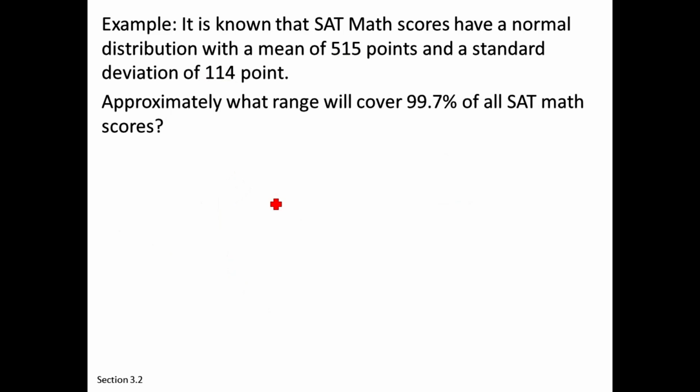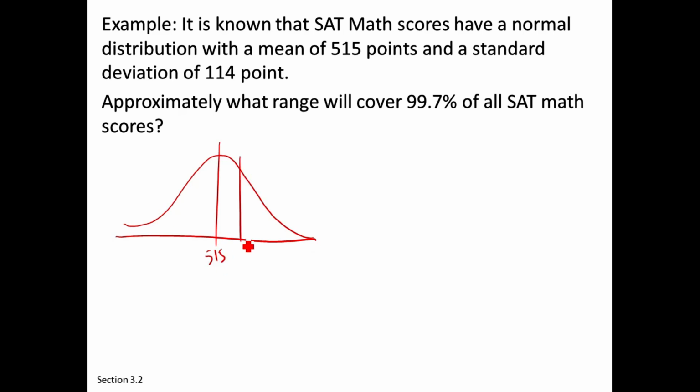What range is going to cover 99.7% of all SAT math scores? So you go back to your diagram from before, right? To cover 99.7, how far out do you have to go? I need to go out 3 standard deviations both ways, right? And to do that, how far up do we have to go and down?